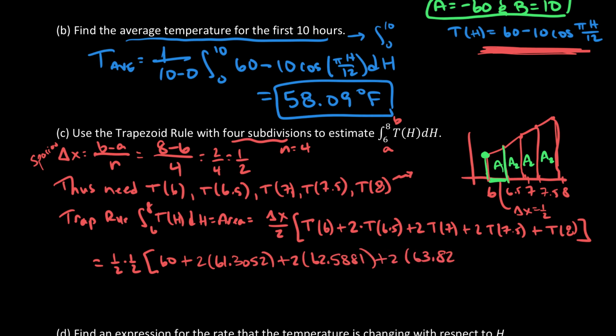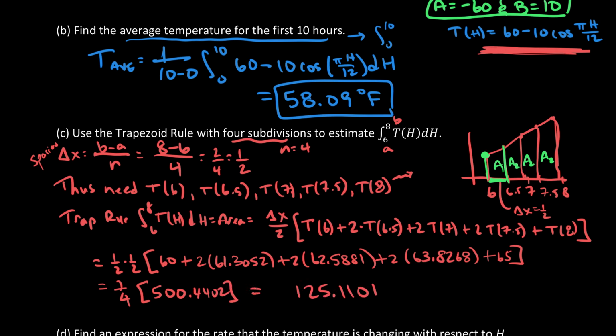Now, cleaning all this up, I will get 1/4 times 500.0440, which would give me a value of 125.1101 using the trapezoid rule. All right, let's move on to the next question.